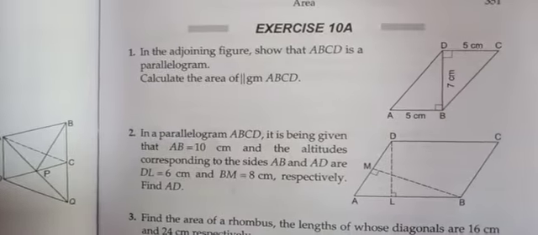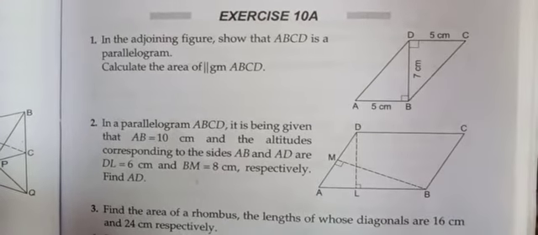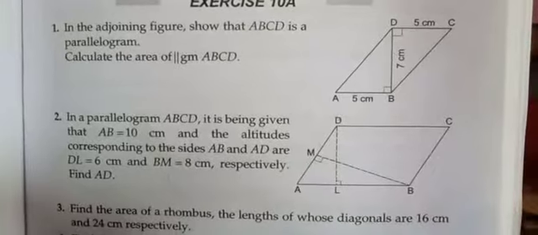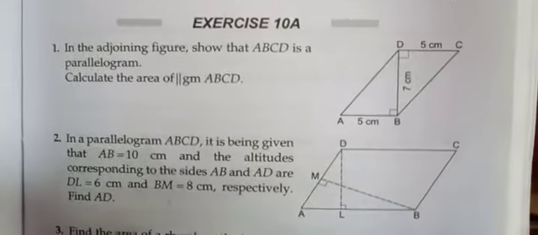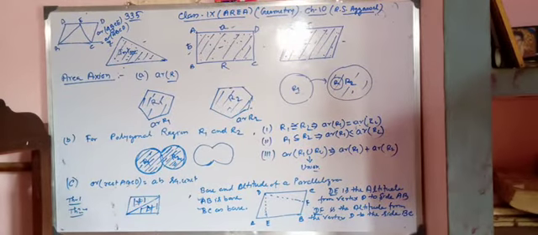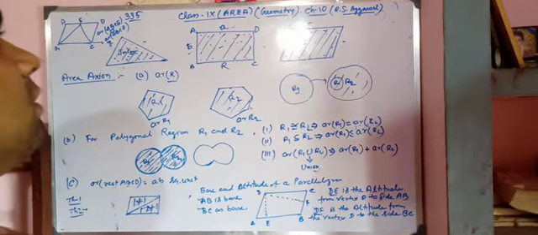I will provide you some solutions, and you should write them in your class copy. For today's area chapter in geometry, we will discuss the other solutions in our next class.